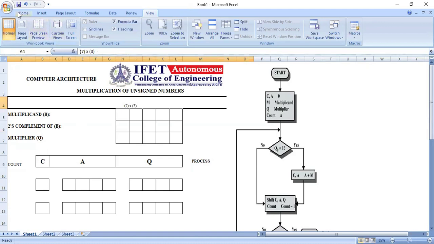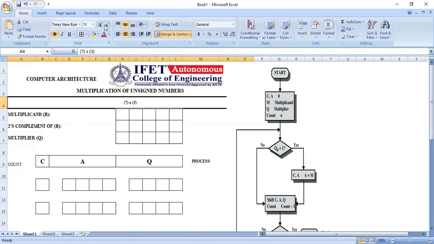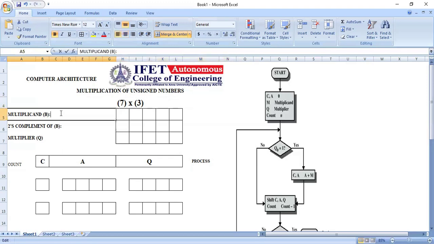So these are the two unsigned numbers we have. Both numbers do not have any positive or negative symbol, so we consider them unsigned numbers. In these two numbers, we can call the first number the multiplicand. So I am taking the multiplicand value 7 in the B register.